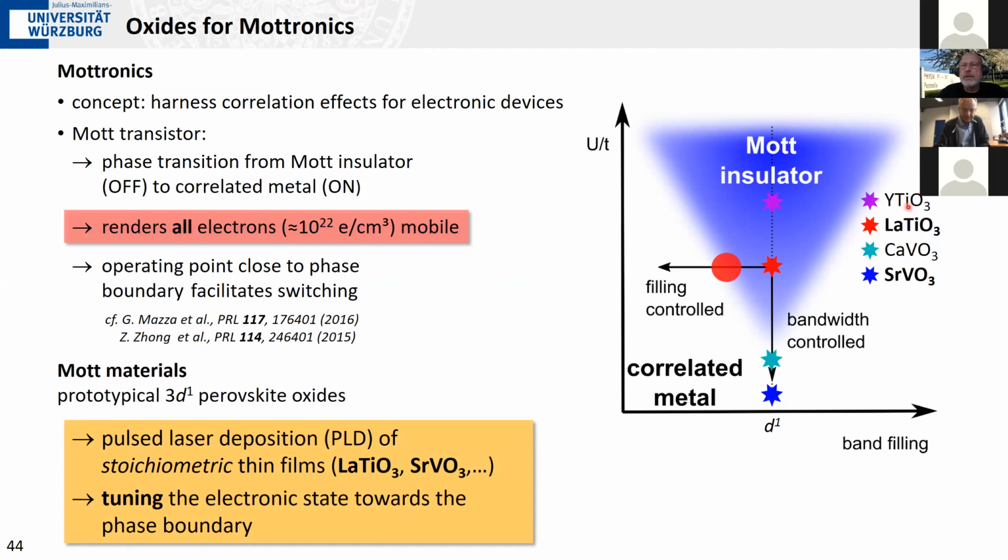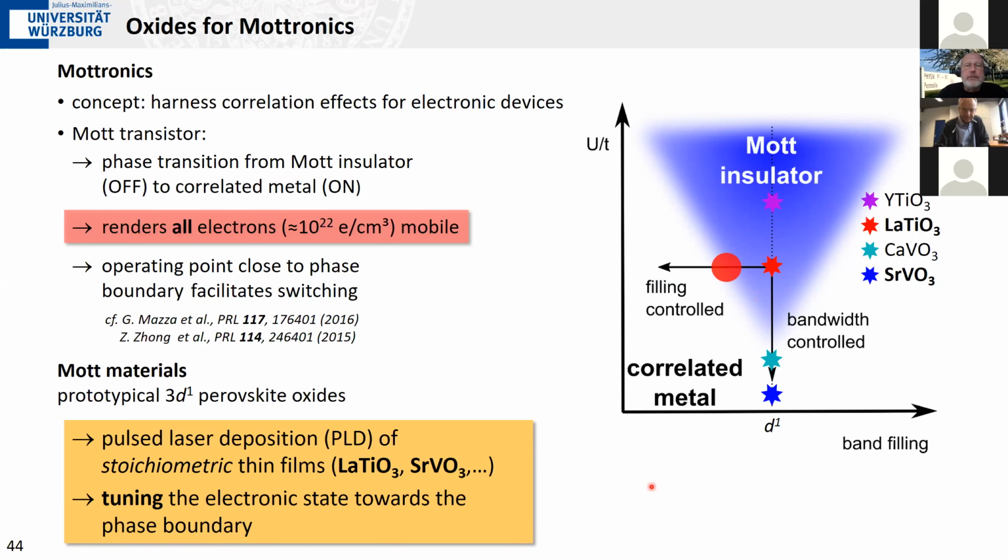In this case, these are titanates and vanadates, which all share the situation that they have a d1 ground state filling. Some of them are insulating, some of them are metallic. And then you try to drive these systems through this phase boundary here, or put them very close to the boundary and do the rest of the transition by some external stimuli, by doping it, by field effect, or by straining it, or whatever you can think of.